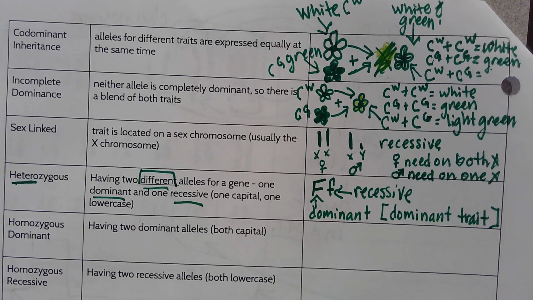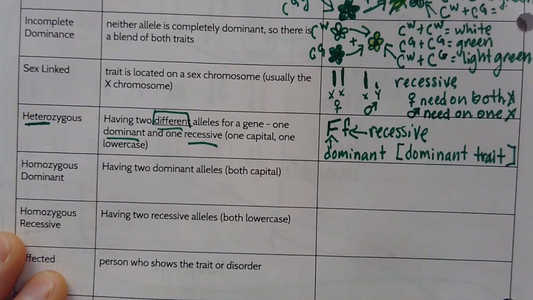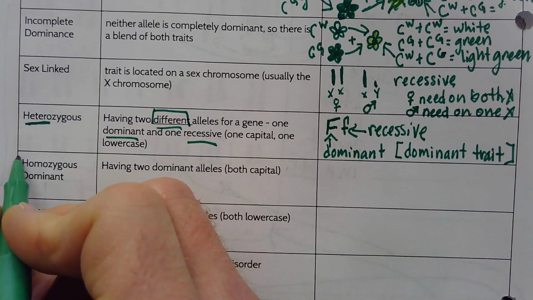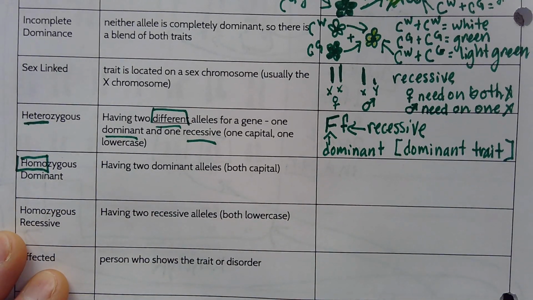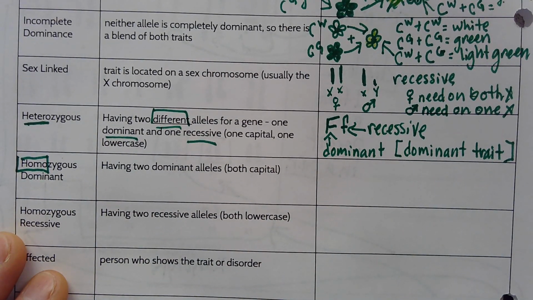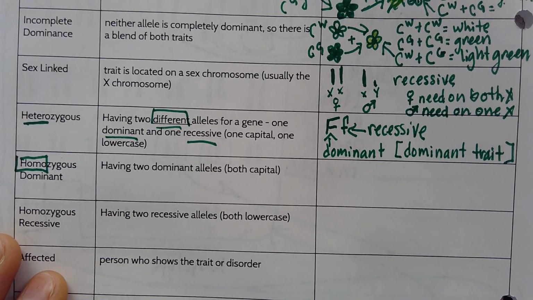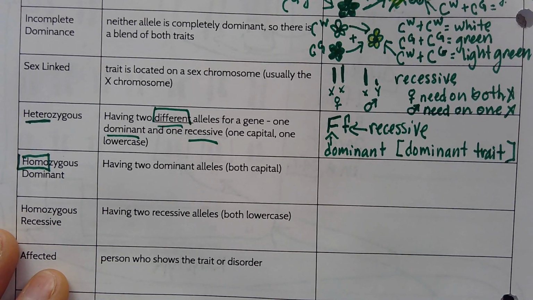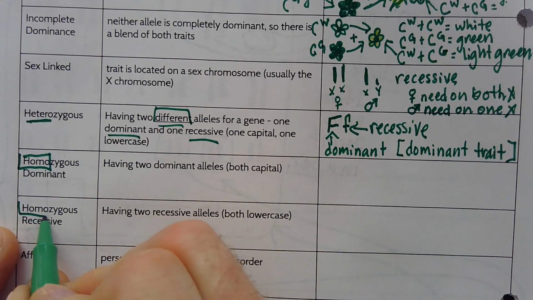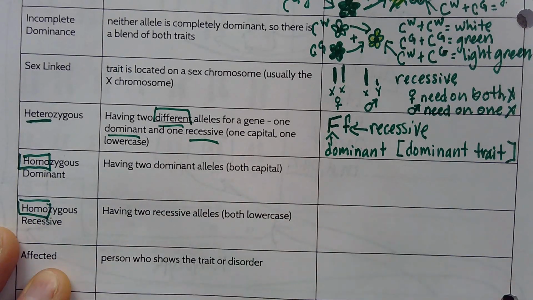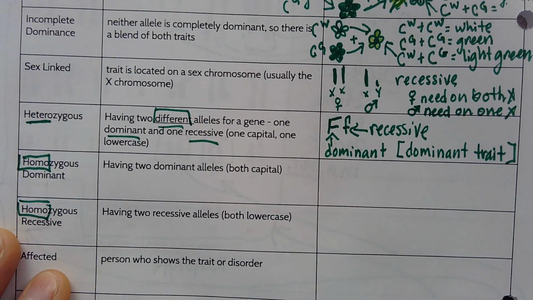All right. Homozygous dominant. Homo means the same. So that means they're going to have both the same, either two capitals or two lowercase.